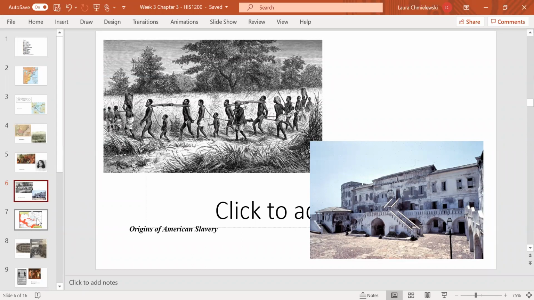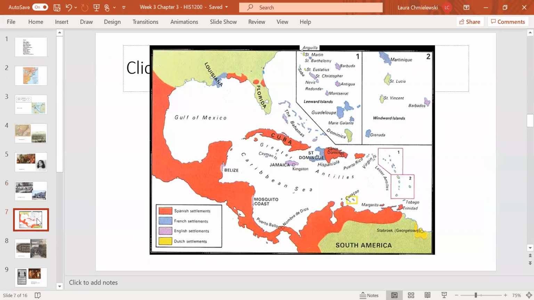So where did enslaved people go when they were forcibly exported from Africa? The place where they were almost always sent first was the islands in the Caribbean that grew sugar. By a factor of 10, sugar is absolutely the most lucrative crop that is produced in the Atlantic world, and the most popular one.